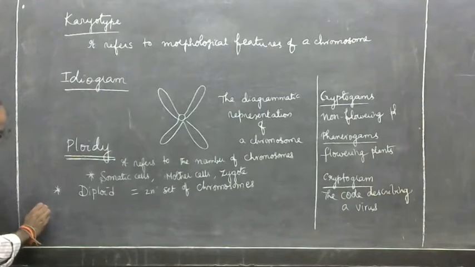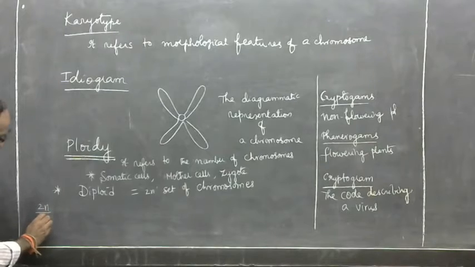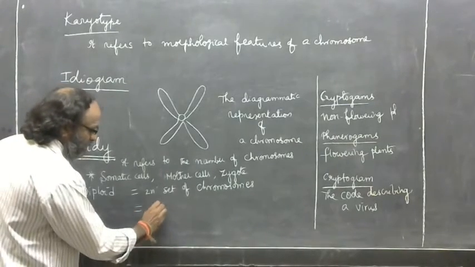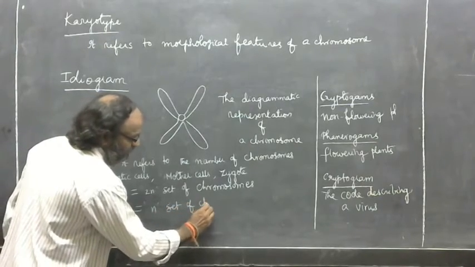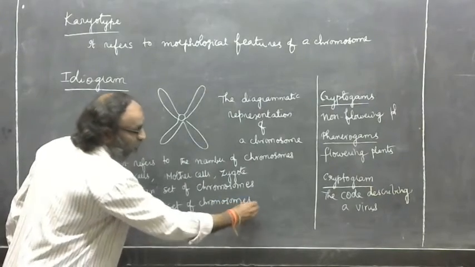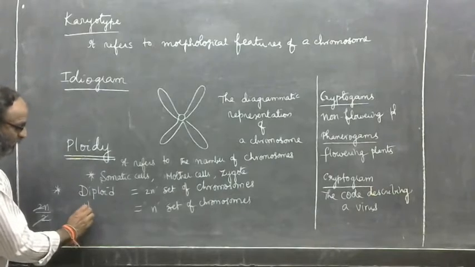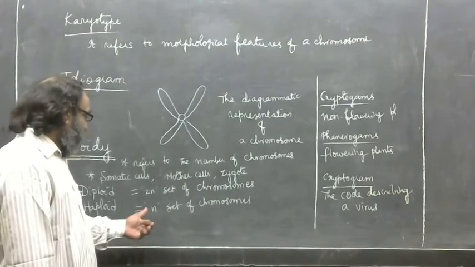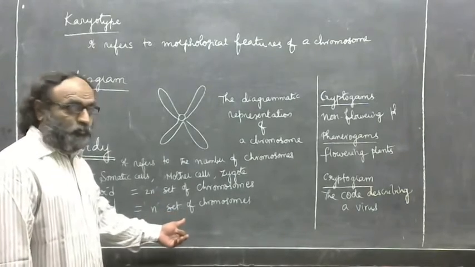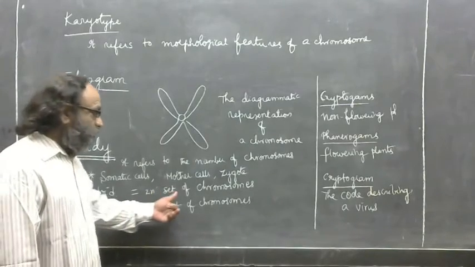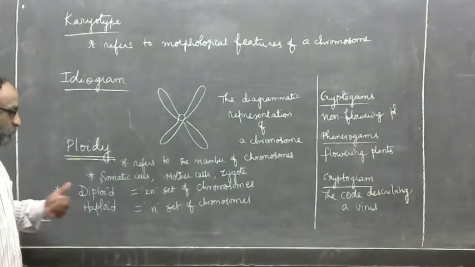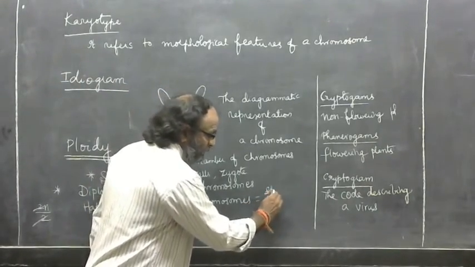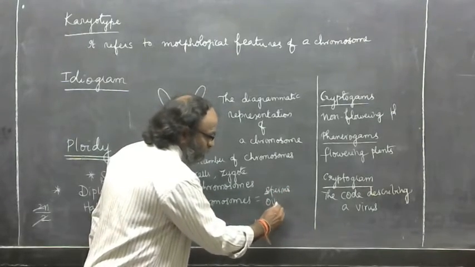Half of diploid means 2n by 2, that is n set of chromosomes in a cell. It is haploid. So having an n set of chromosomes is a haploid condition, seen in gametes such as male gametes like sperms and female gametes like ovum.